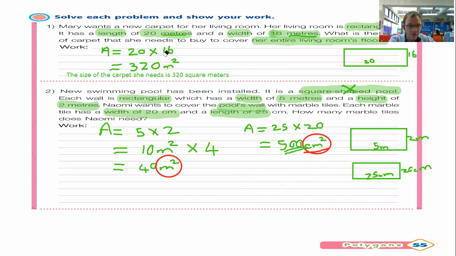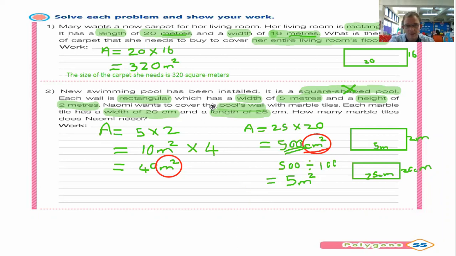And we say 500 divided by 100 equals how much? Who can tell me? Equals 5 meters squared.